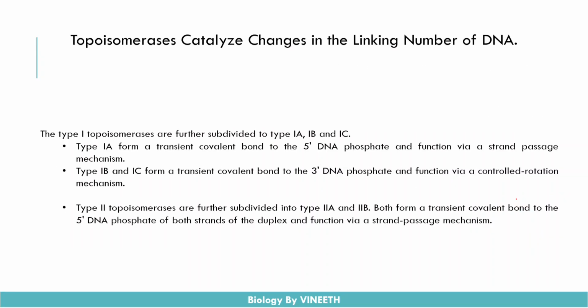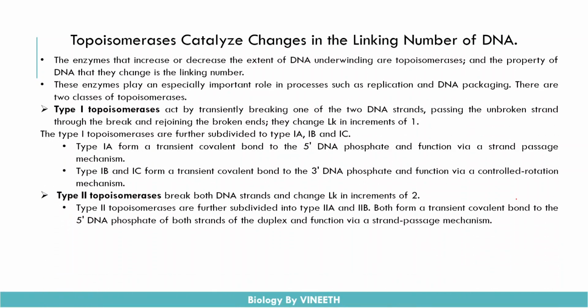Then we have the topoisomerases, which catalyze changes in the linking number. They cut the DNA sequences and unwind them, or relieve the strain on the DNA, by making transient covalent bonds. There are type 1 and type 2 topoisomerases.